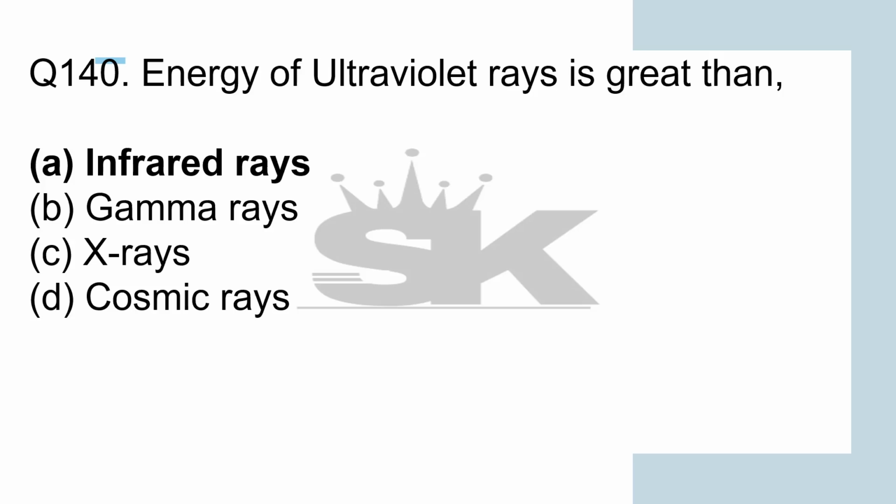Energy of ultraviolet rays is greater than infrared rays. Ultraviolet light expressed as a wave has an energy of E equals h nu, which implies that since ultraviolet light has a frequency that is greater than that of infrared light, it has higher energy.